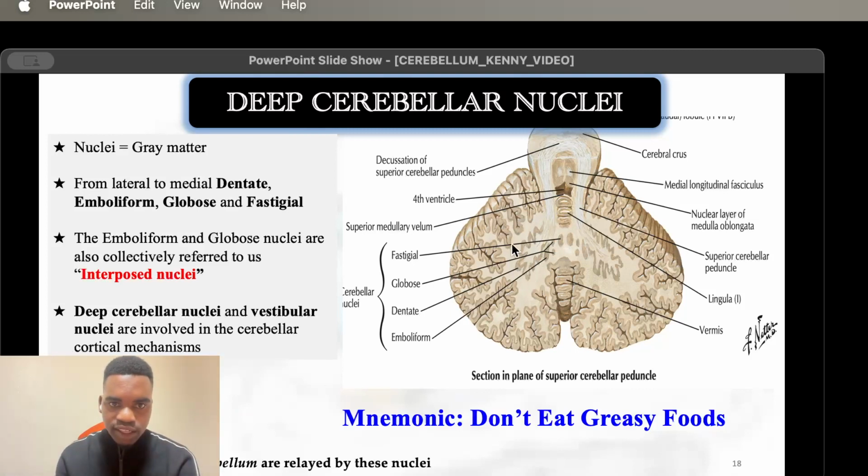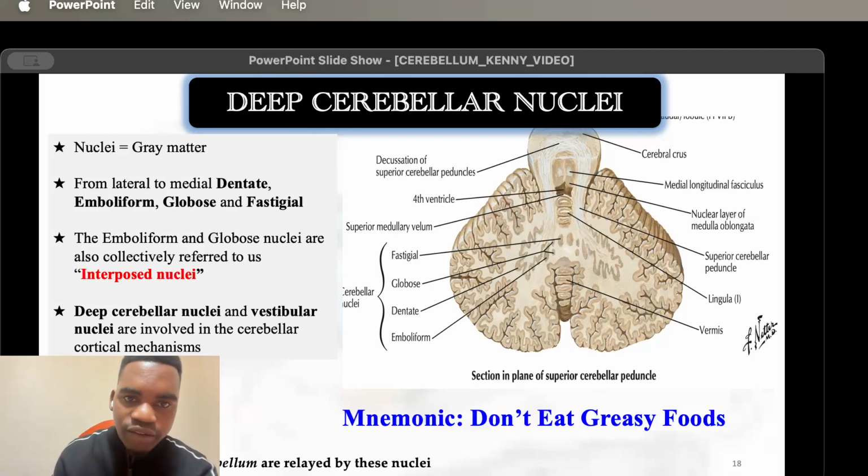We have 4 nuclei on either side, and starting from lateral to medial, we have the most lateral nucleus, known as the dentate nucleus. The dentate nucleus is the outermost one, followed by the second nucleus, known as the emboliform nucleus.